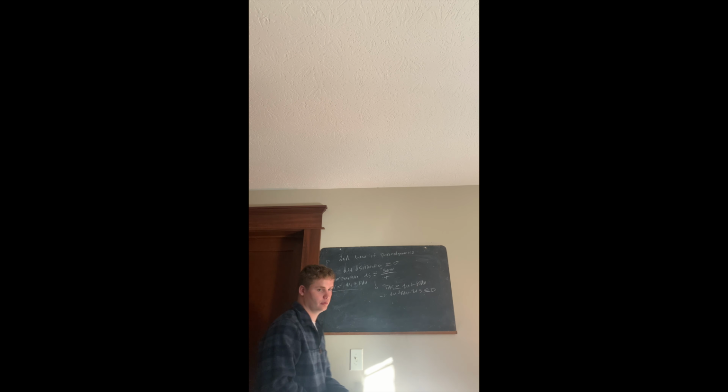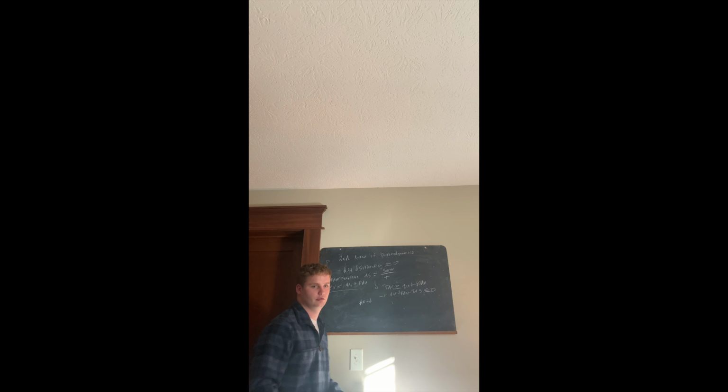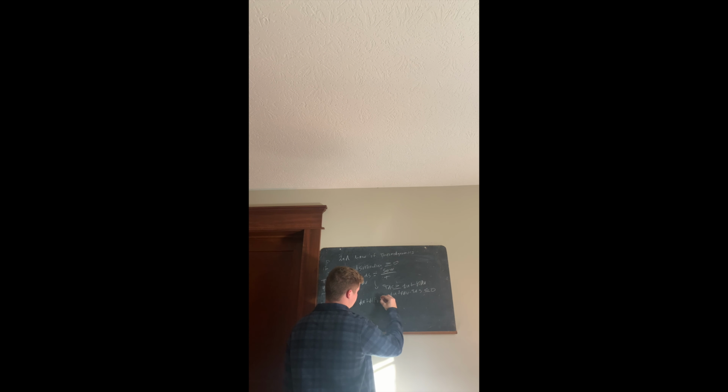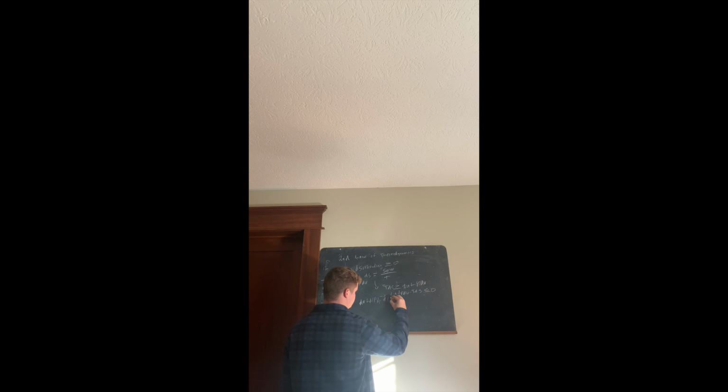So when I start writing this out more, we can get dU plus d of PV minus the entropy times the absolute temperature, which is less than or equal to 0, and then we just keep on making it clear.